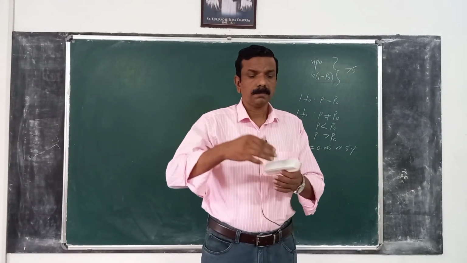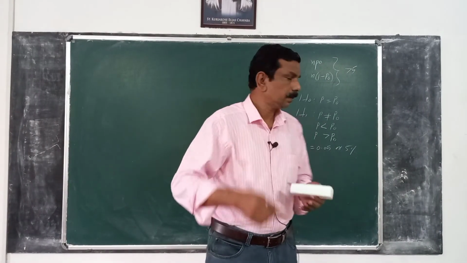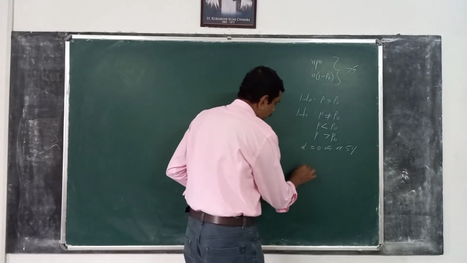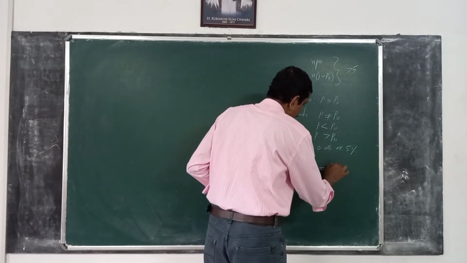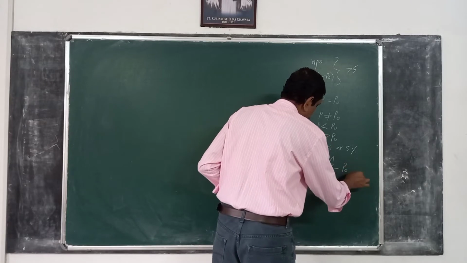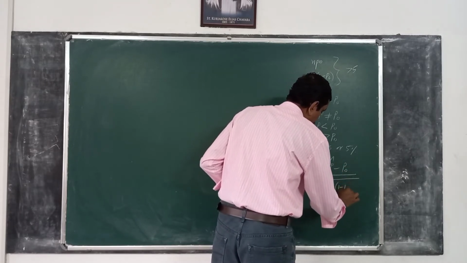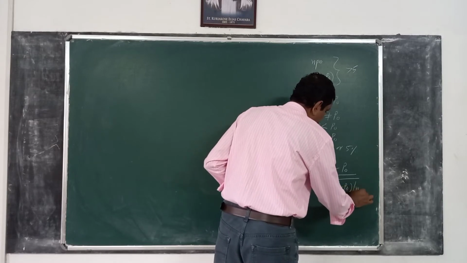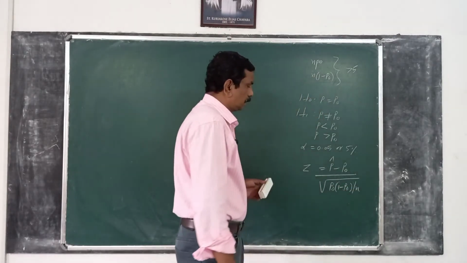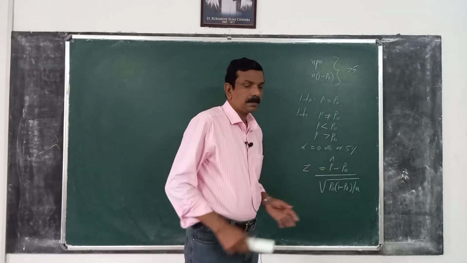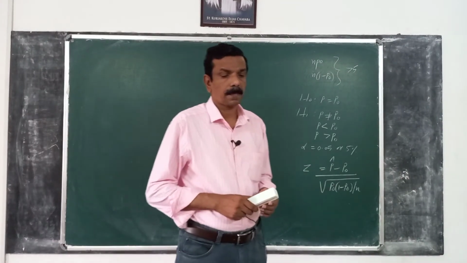Then compute the value of the test statistic Z as p hat minus p0 by root of p0 into 1 minus p0 by n.